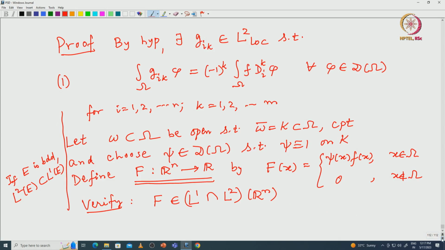And now, by the Leibniz rule, this big F also certainly has distributional derivatives.